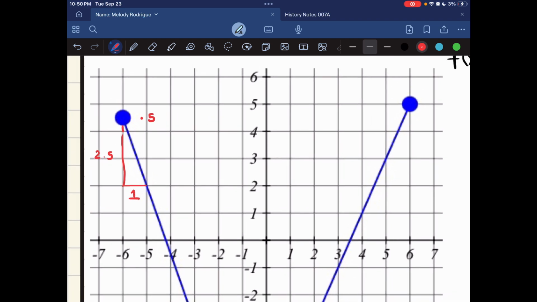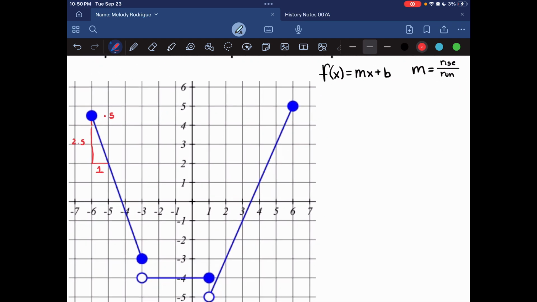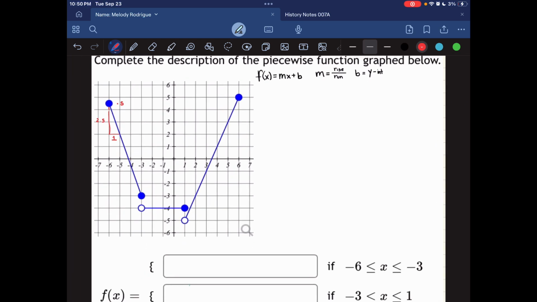And this is going to be our rise over run. So the rise, as you can see, either goes up, down, left, or right. Our rise is going to be 2.5 over 1 because the run is either going to the left or to the right.